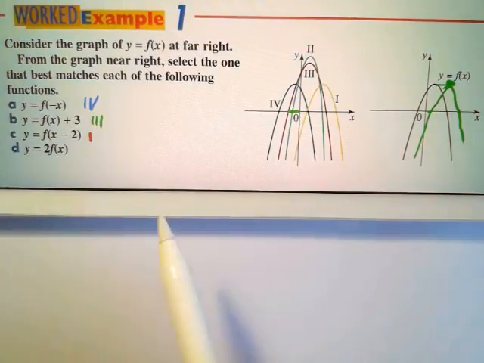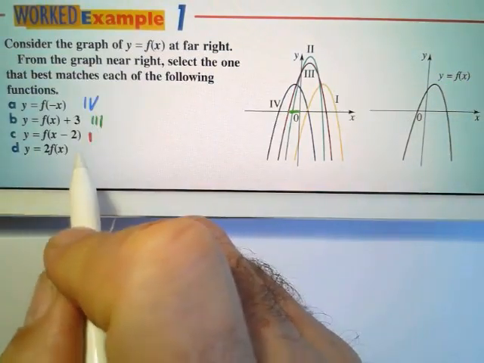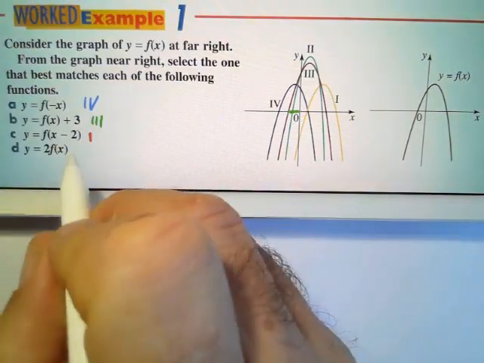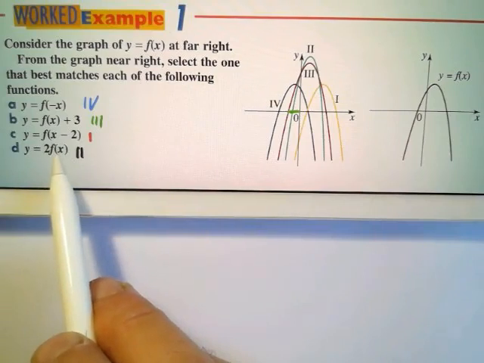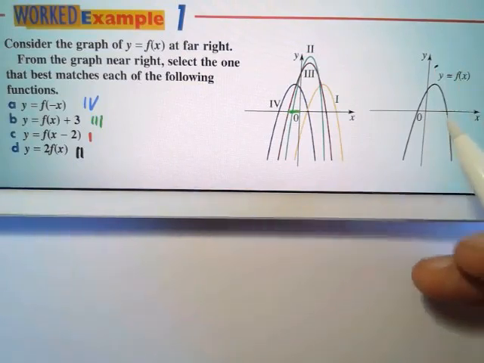We'll come back to that last example now. In the last question, that must now be 2. So we know that this is now 2, but let's just quickly work through it. y equals 2f(x), which means all your y values are doubled. So this is doubled, so that goes up.